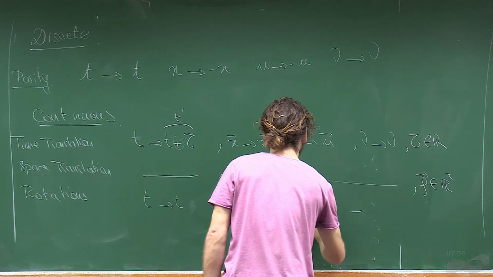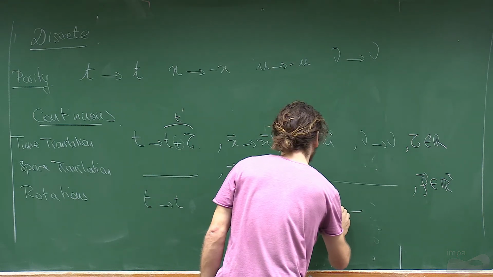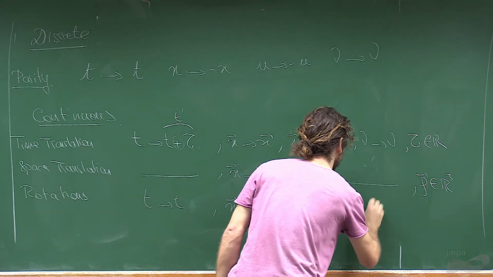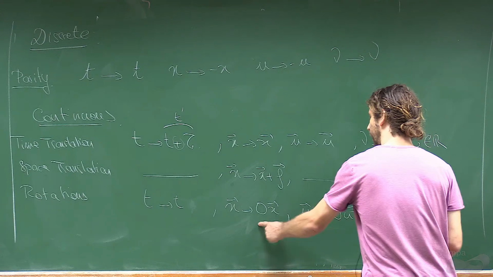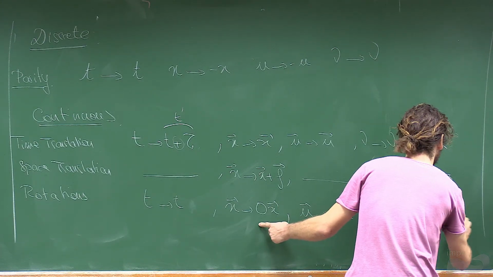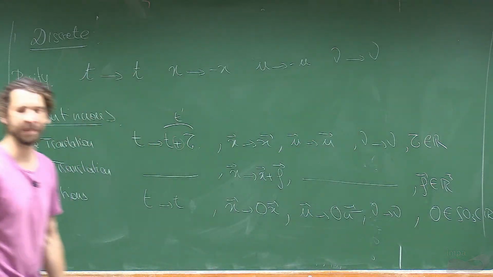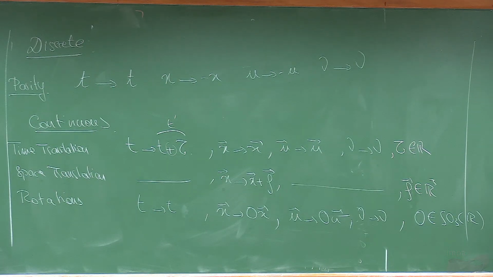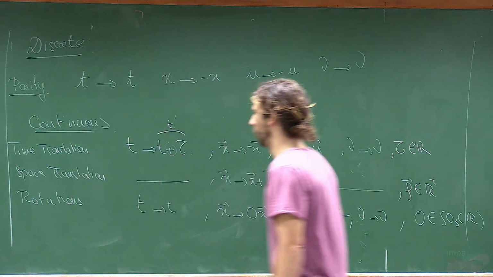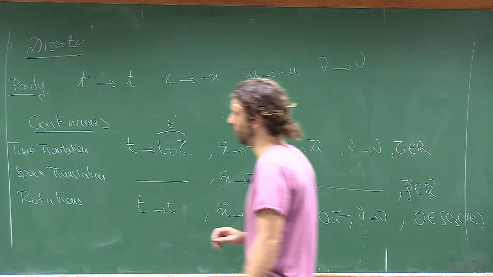You rotate u, and you have a new invariant. And here O is in SO(3), an orthogonal matrix with determinant 1. So those are the three which are maybe obvious.